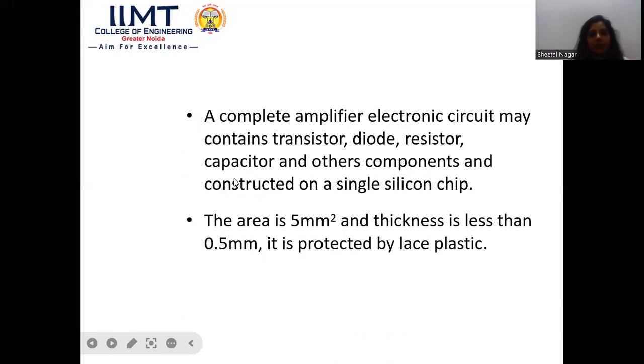Now, a complete amplifier electronic circuit may contain transistors, diodes, capacitors, and other components constructed on a single silicon chip. Area-wise, the operational amplifier IC is 5 mm square and the thickness is less than 0.5 mm. It is protected by plastic.